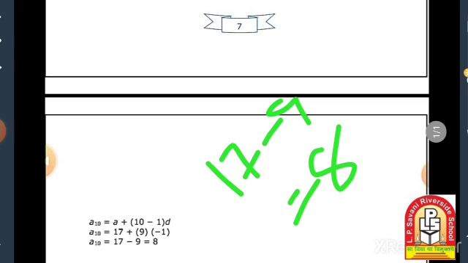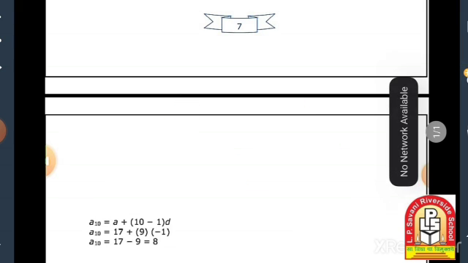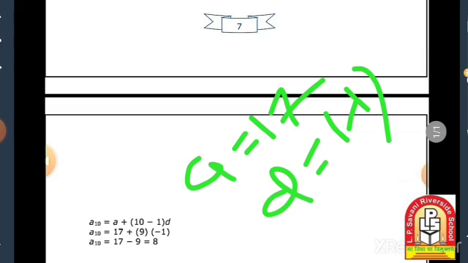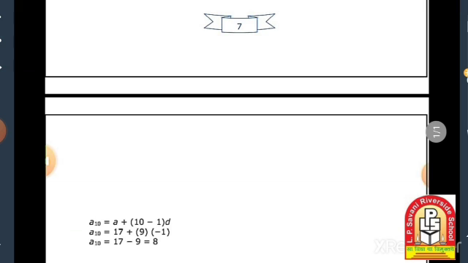Putting the value of a10 means n is equal to 10, a is equal to 17, d is equal to minus 1, and 10 minus 1 is 9. So 17 minus 9 is 8. So a10 is equal to 8 over here.